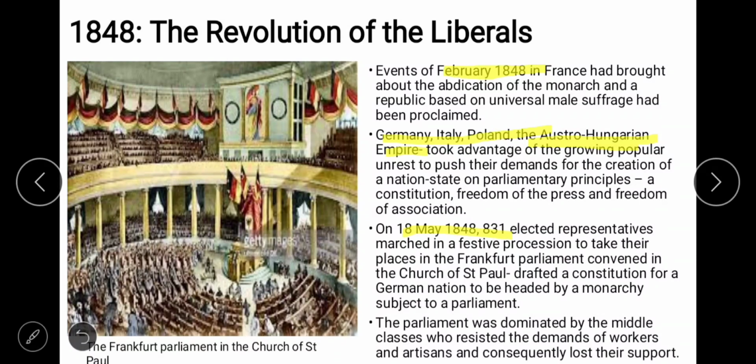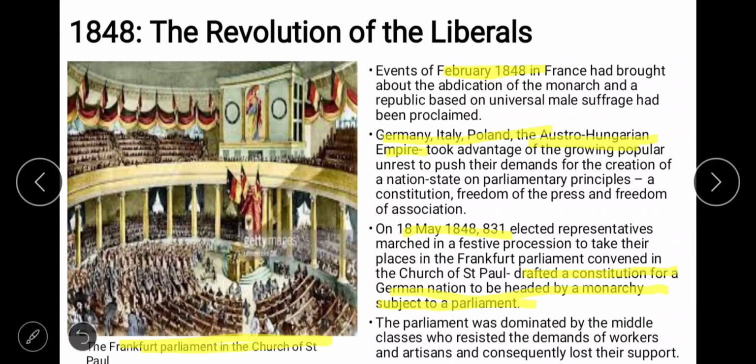They drafted a constitution for a German nation to be headed by a monarchy, subject to parliament.